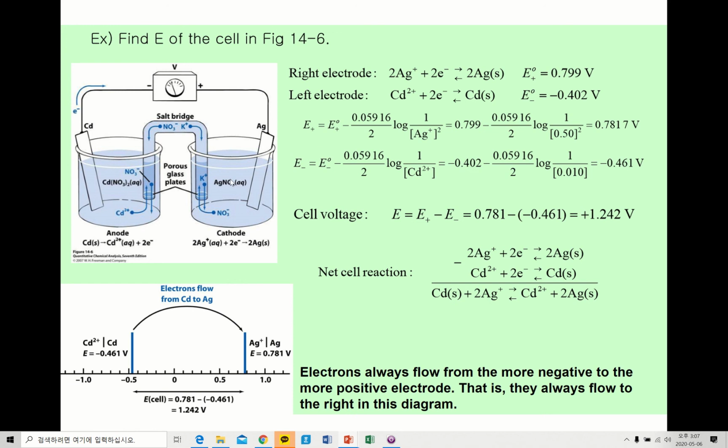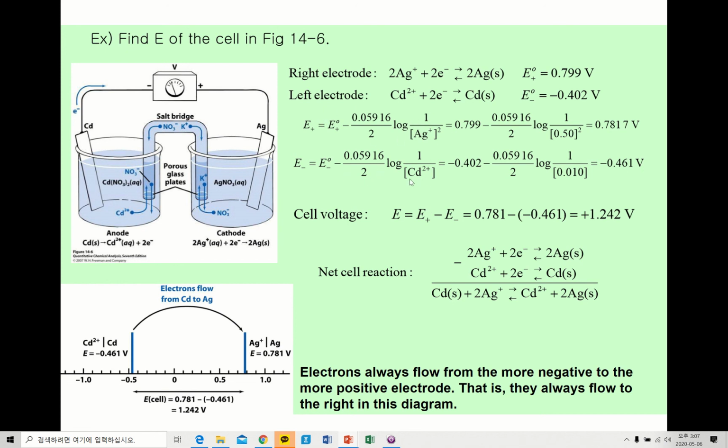You can see here, let me see from the textbook, the concentration is 0.5 molar. Then we calculate this and get 0.7817. Likewise, we calculate the left electrode potential.